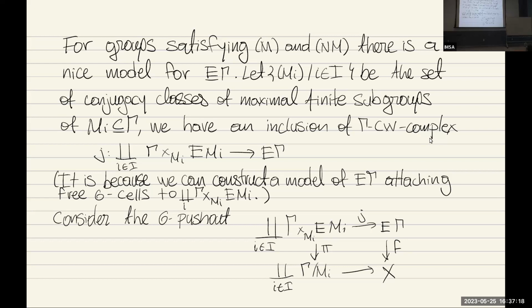It is because from this union of these induction spaces to E gamma, the idea is that we can construct a model of E gamma by attaching free cells to this union. We have this inclusion, and we can also contract EMI to a point, then we have a map to this quotient, to this orbit, gamma over MI.